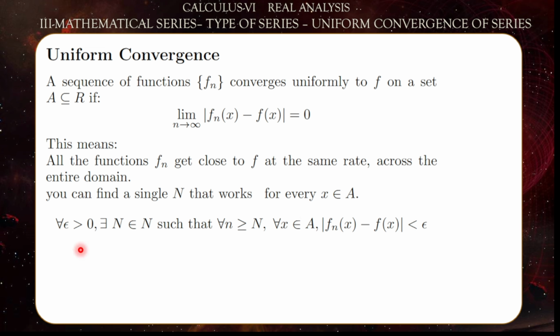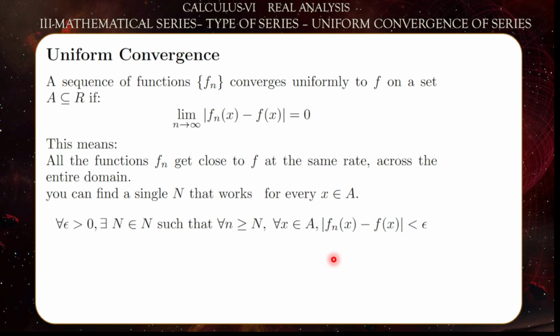So for all epsilon greater than 0, there exists N among the natural numbers such that for all n greater than or equal to N, for all x within A, within a subset, within an interval, the absolute difference between fn(x) and f(x) is less than epsilon.